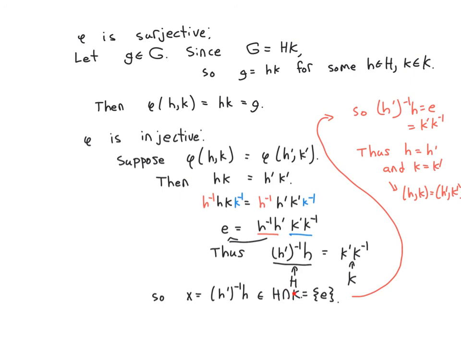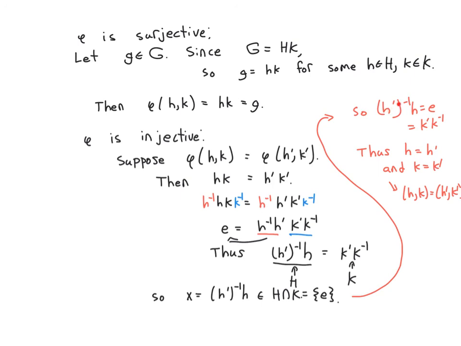But the intersection of H and K is the identity element. So that means this product, h prime inverse h, is the identity, which is also k prime k inverse by this equation.